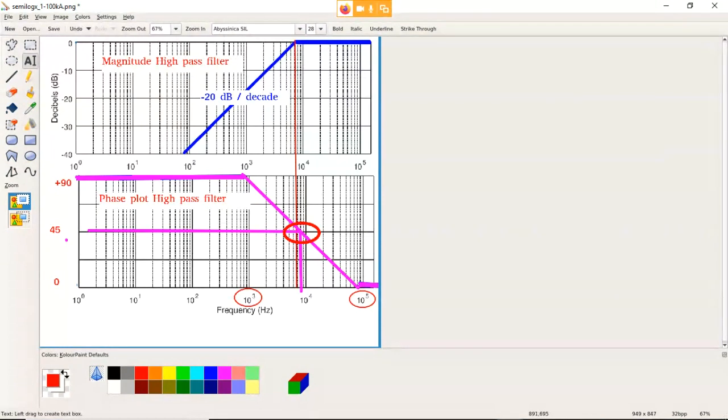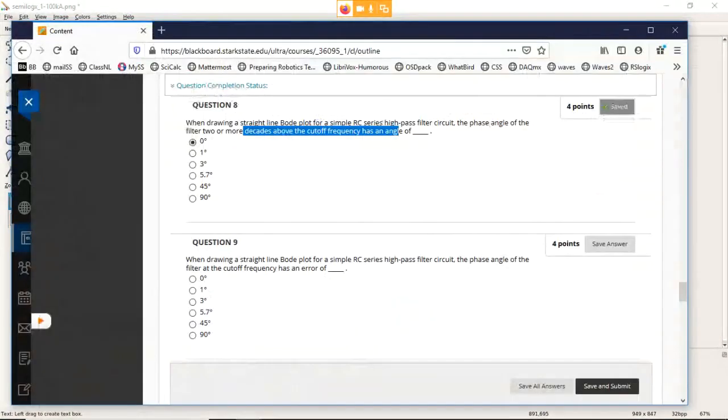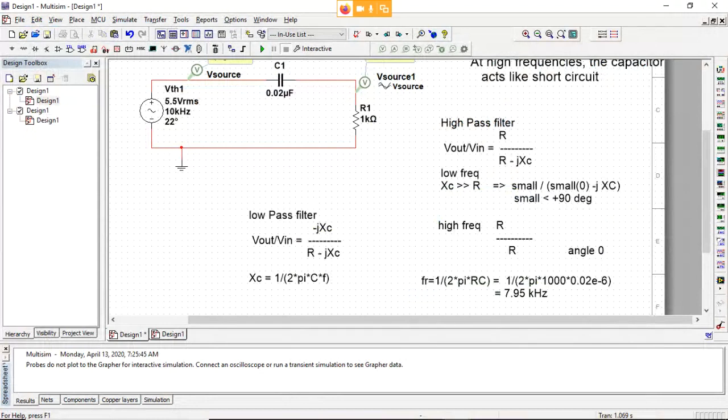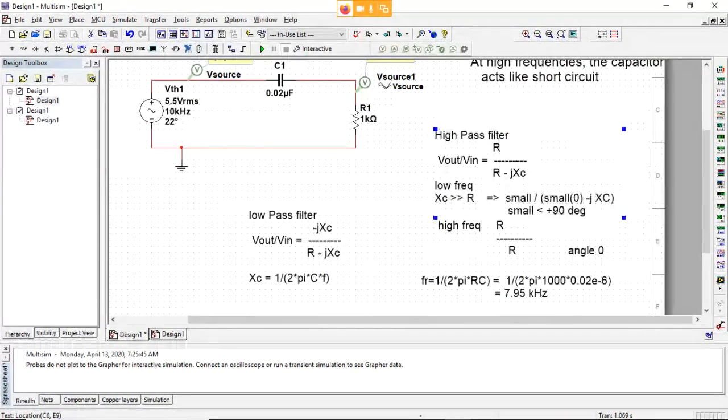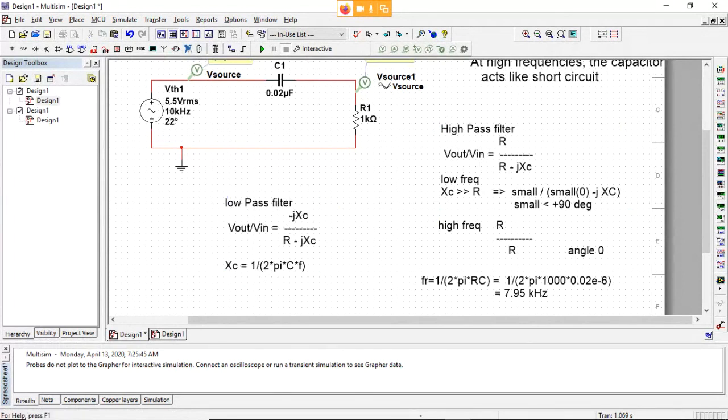And so again, when you're trying to answer these questions in Blackboard, you really just need to go back and look at the transfer function and think about how this thing is changing here. Whether it's a high pass filter or a low pass filter, this is your transfer function.